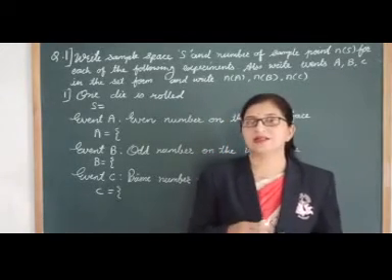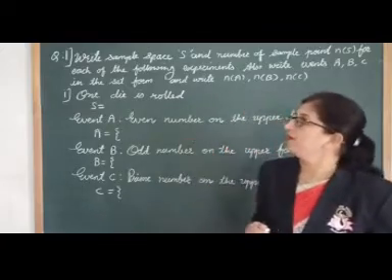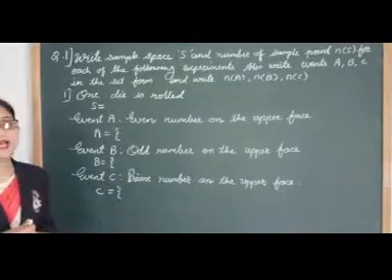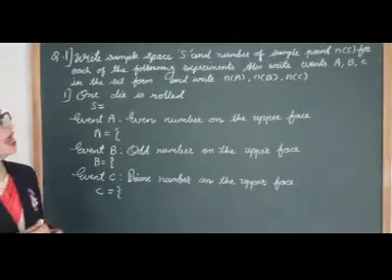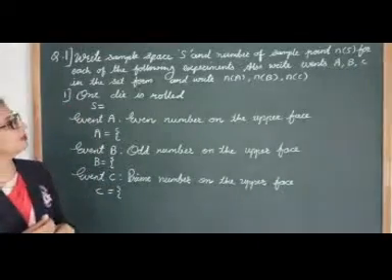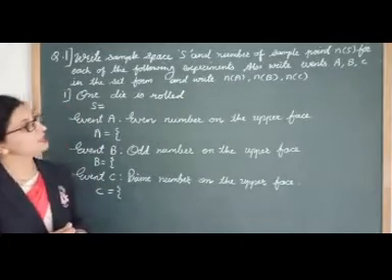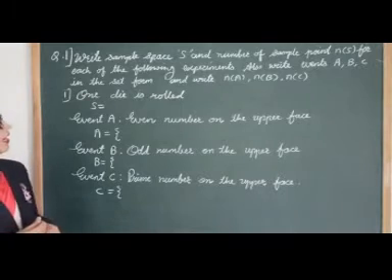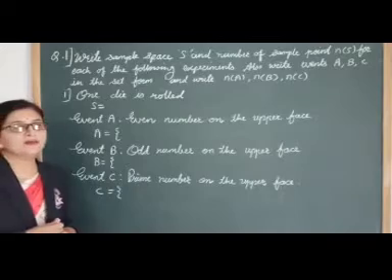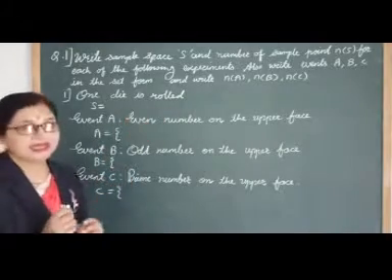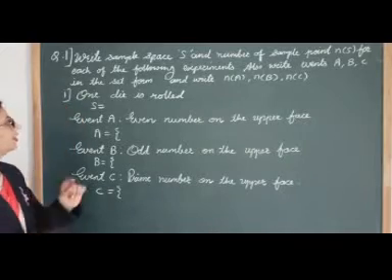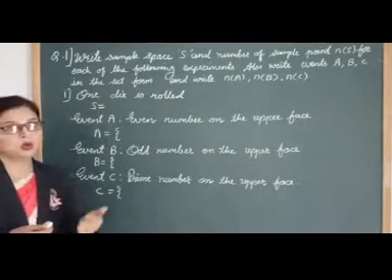Okay, so now let's solve the example. Here we have a question. Write sample space S and number of sample points for each of the following experiments. Also write events A, B, C in the same form and write the number of points in each event. Here we have the first example: one die is rolled.